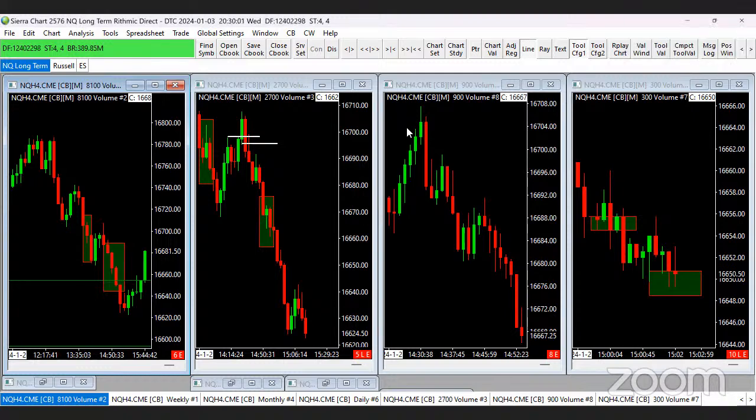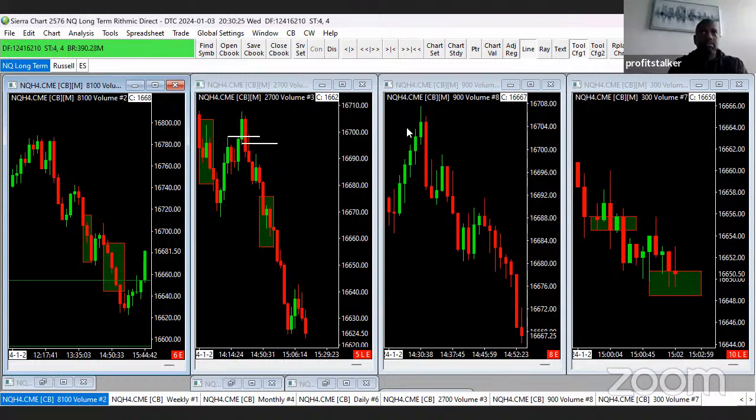Based on what I've learned, we are looking on the 300 chart after we've looked for the reason to take a trade on the 8100, making sure the momentum matches on the 2700, making sure the trend follows the 2700, and now we're on our timing. So we're looking for one of the reversals to happen on the 300 chart, for example, like the ABC pattern. Correct.